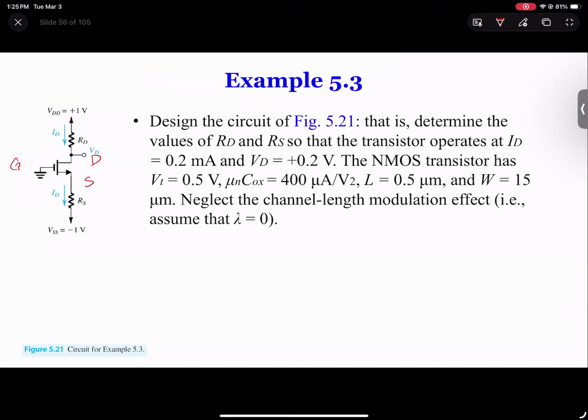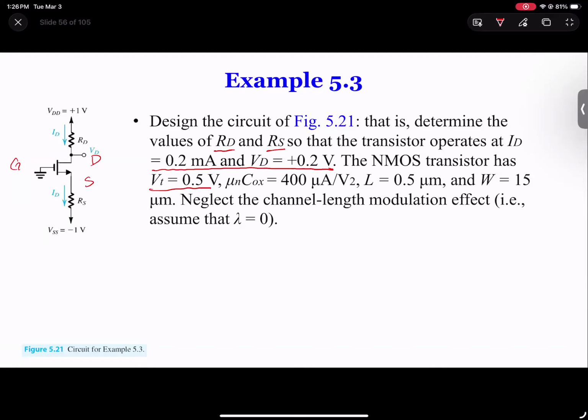If you look at all the things that are given, it gives you a couple of conditions. What they want you to do is find RD and RS so that the transistor operates at 0.2 milliamp and VD is 0.2, and that's an NMOS.